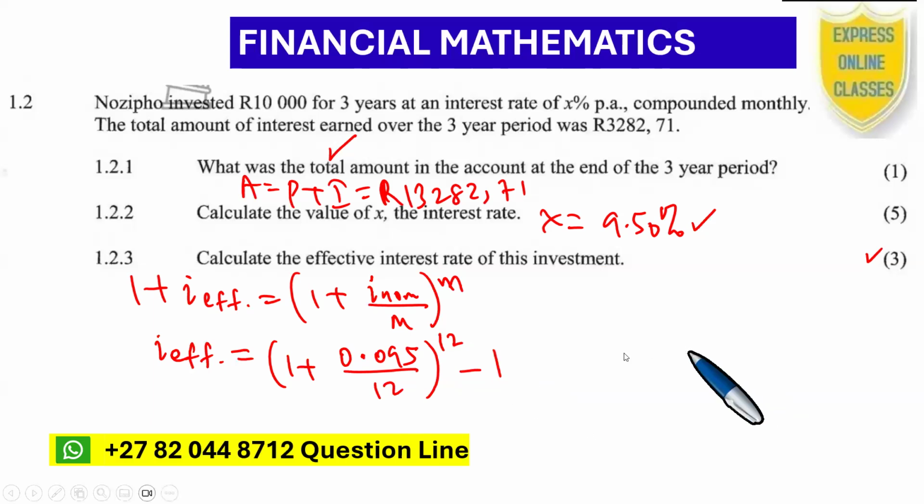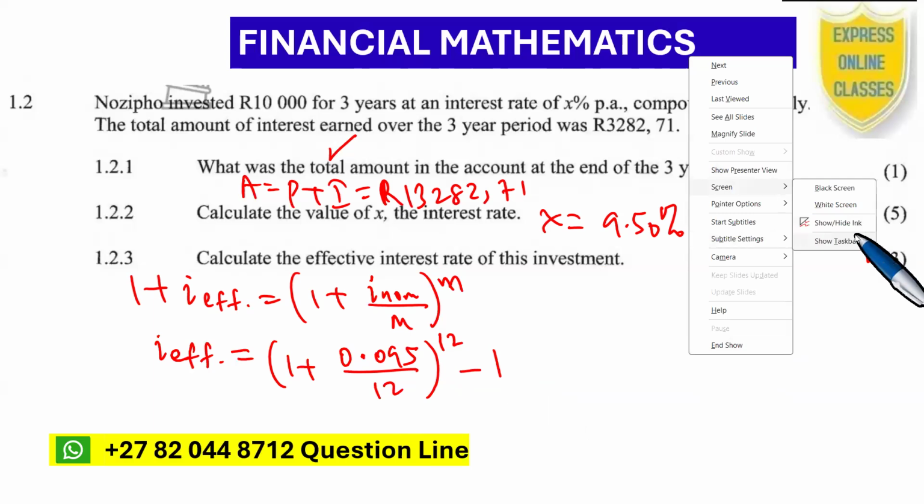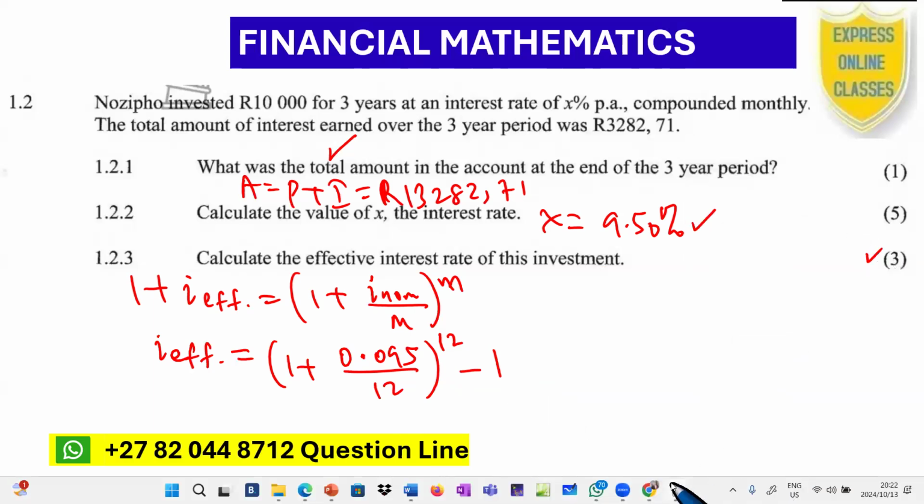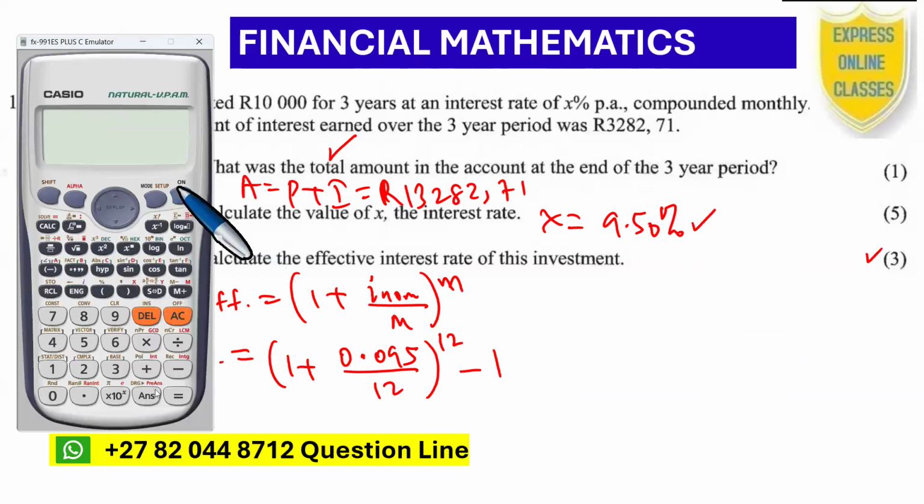Right, for the sake of calculator practice, we determine the rate together, which is open bracket 1 plus 0.095 divided by 12, raised to the power 12, minus 1. What is the answer?